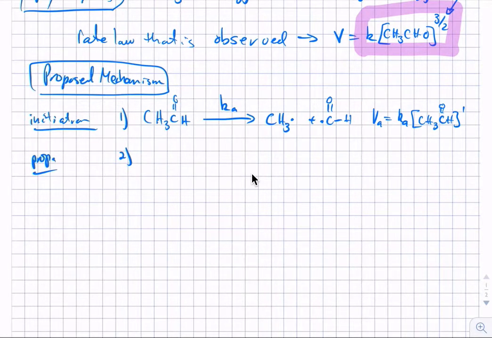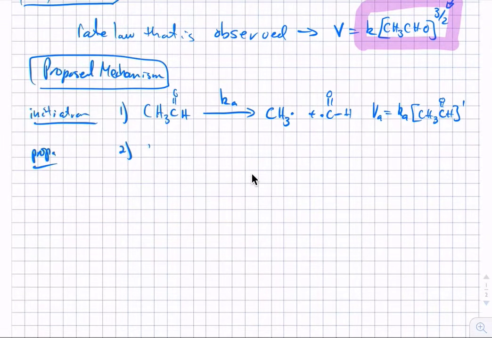So in that case, the number of radicals to start with will equal radicals at the end. So again, we're going to have our aldehyde, and I might just write that a little bit simpler in one line. Let's have it react with the methyl radical.